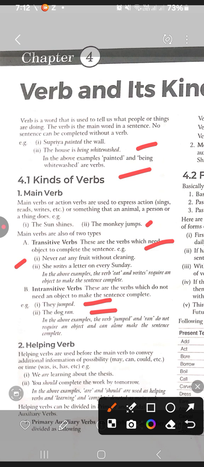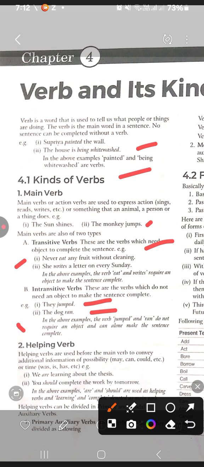Now the second one, helping verbs. Helping verbs are those used before the main verb to convey additional information of possibility or time.